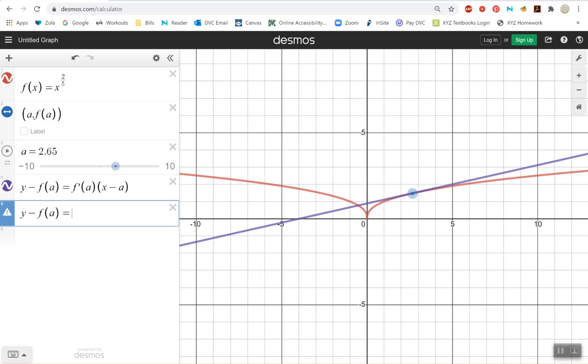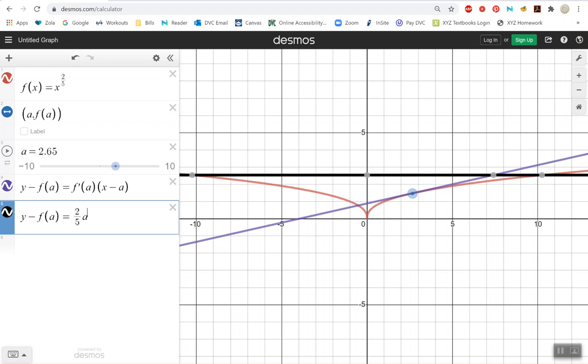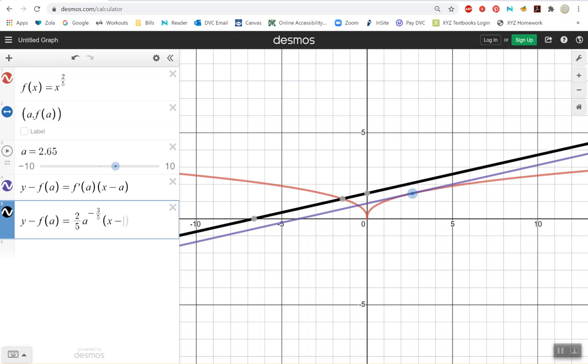So our derivative was 2/5 x to the minus 3/5 power. So at a, it's 2/5 a to the minus 3/5 power times x minus a.